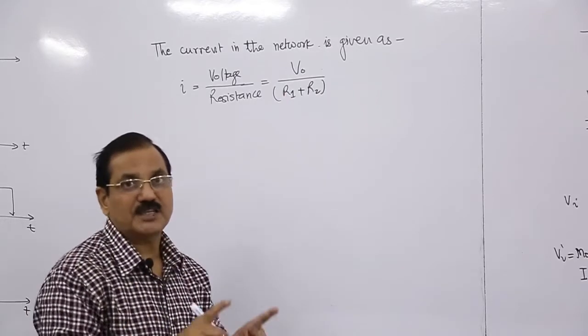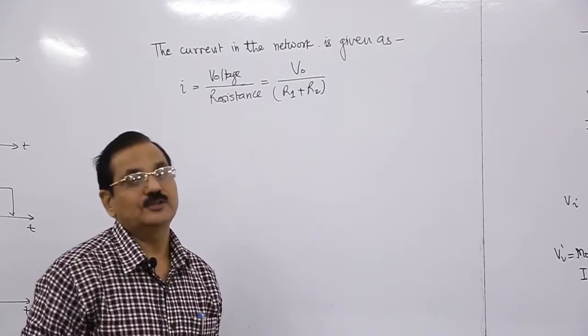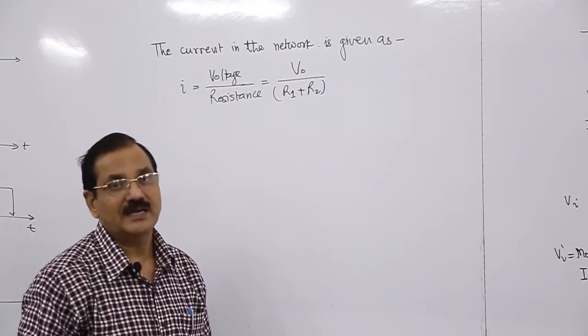So this complete potential V0 is distributed over the two resistances R1 and R2.